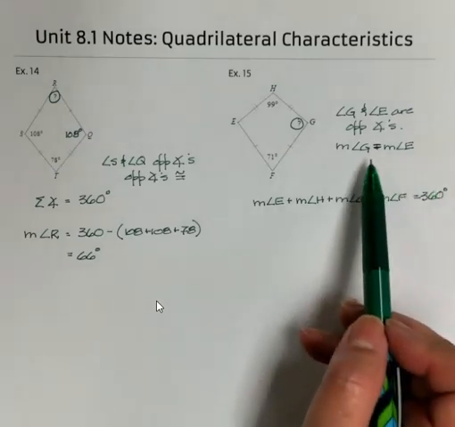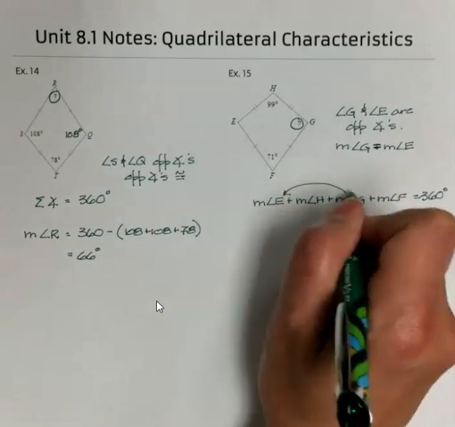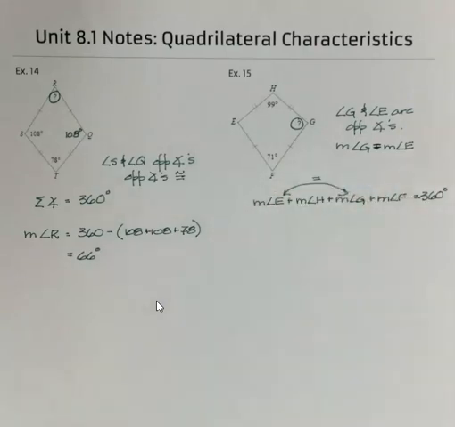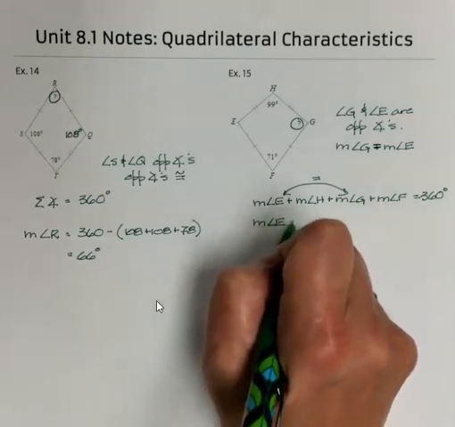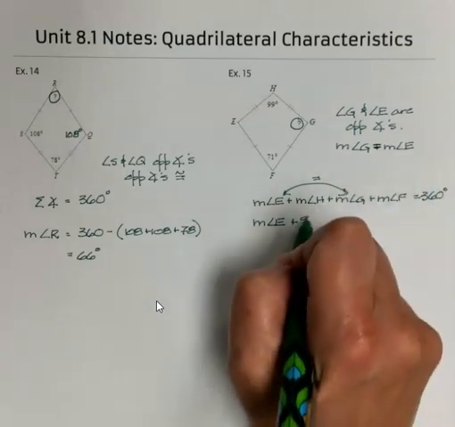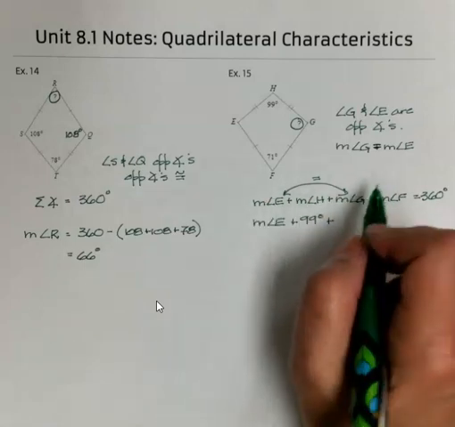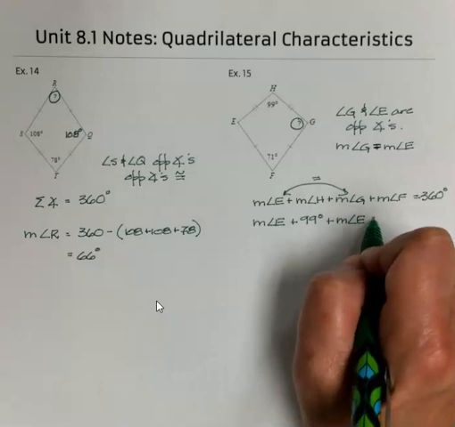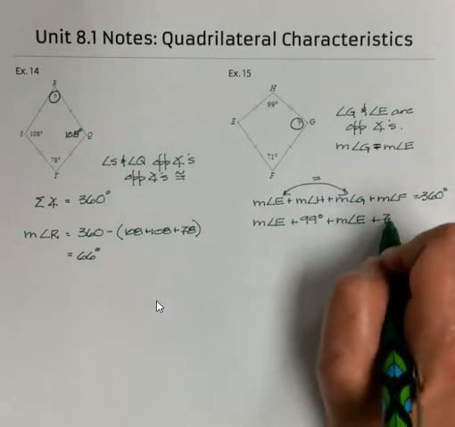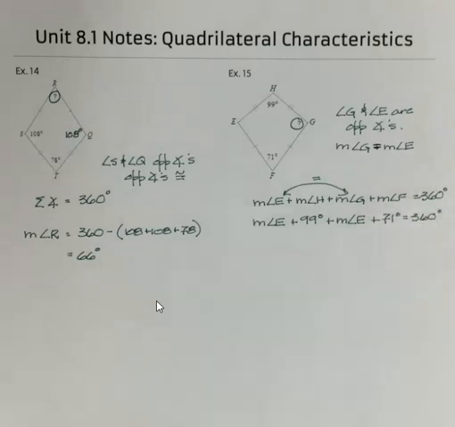But we know the measure of angle G and the measure of angle E are equal. So I'm going to substitute in the measure of angle E. Measure of angle H is 99 degrees. Since these are equal, I'm going to substitute in the measure of angle E for angle G and angle F, 71 degrees, equals 360.